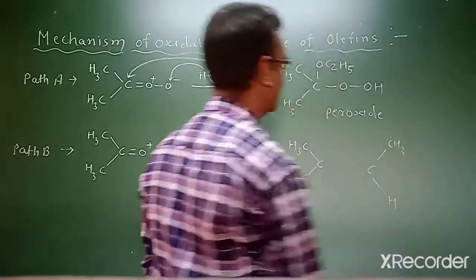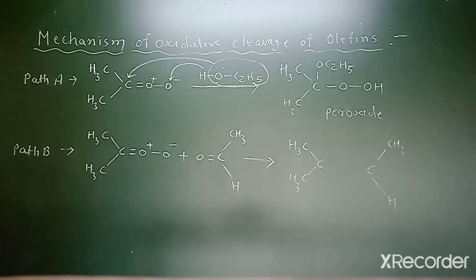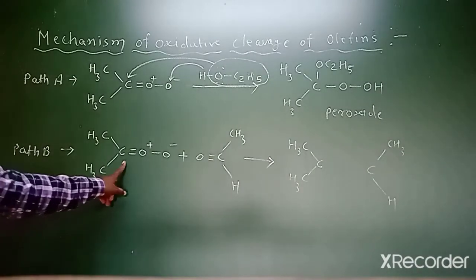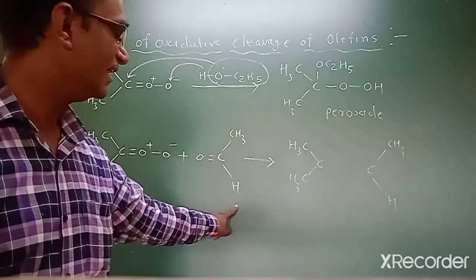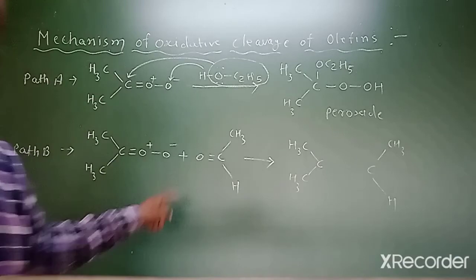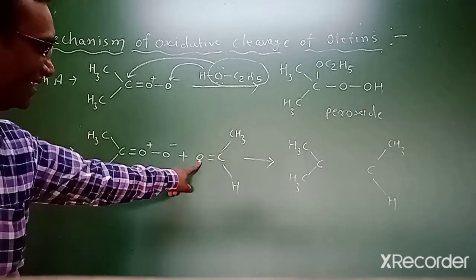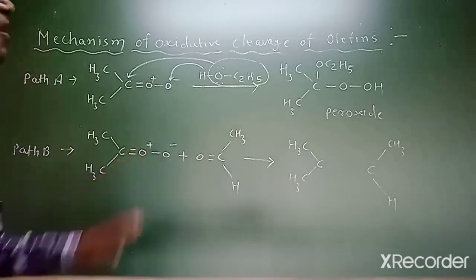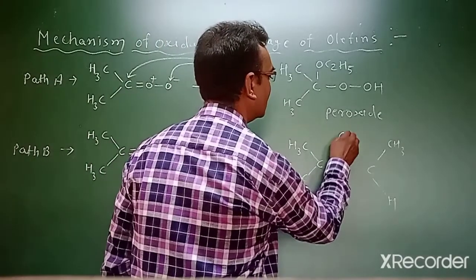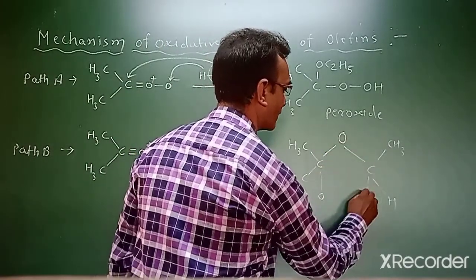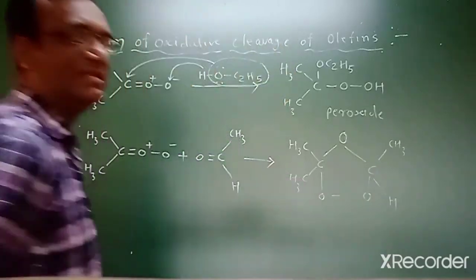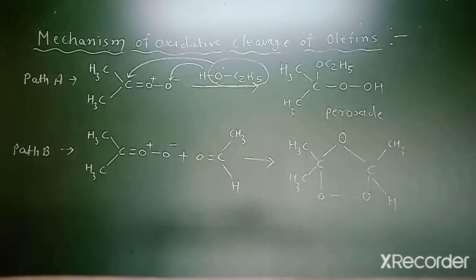I write here on the board the portions of the halide CH3CCH3 and the carbonyl compound CH3CH, and formation of ozonide takes place by this oxygen and these two oxygens as previously, like this. In such a way, there is formation of secondary ozonide.